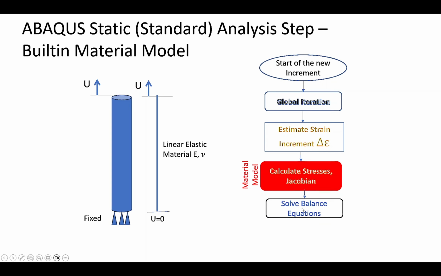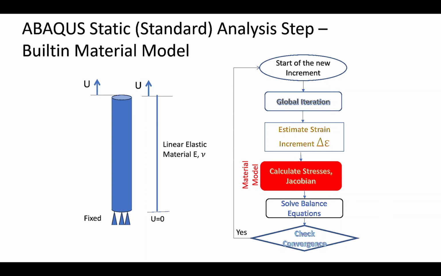Then it will solve the balance equations. All these stresses and the Jacobian are passed from the material model to the global Abaqus solver, which solves the balance equation. In this case, for a static case, it would be the equilibrium equation: for static equilibrium, the sum of all the forces equals 0. Then it checks for convergence. If the equilibrium for the whole global model is satisfied, it updates the stresses and everything, and goes back and starts a new increment.